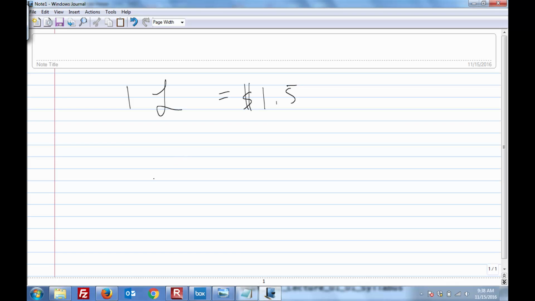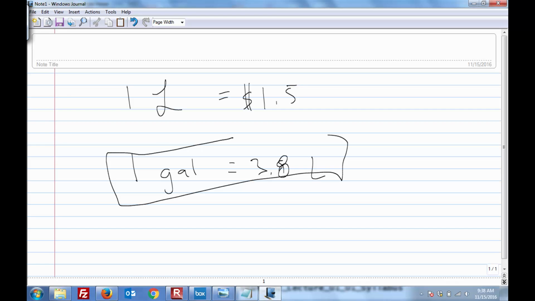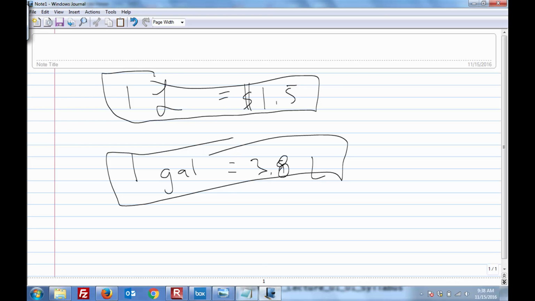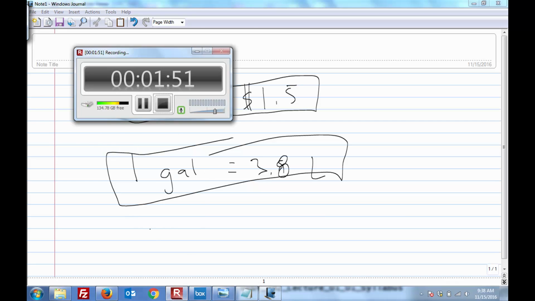And I think you can do the math on that. So cents to pence is the same ratio. And then let's do it this way, 1 gallon equals 3.8 liters. So here's your volume. Here's your money. Ready, set, go.